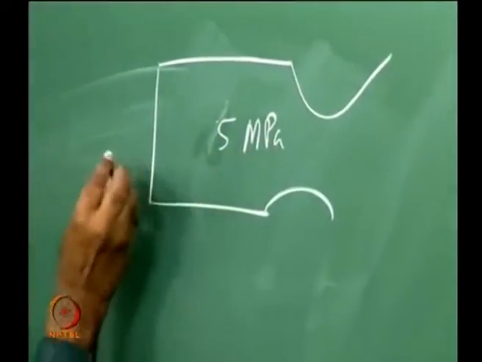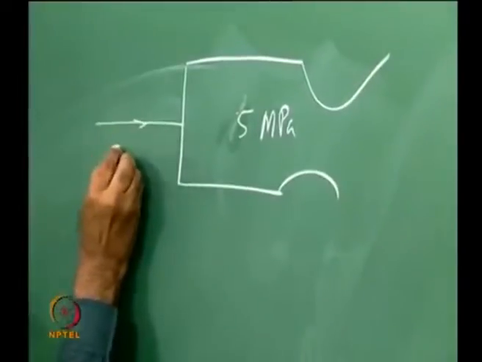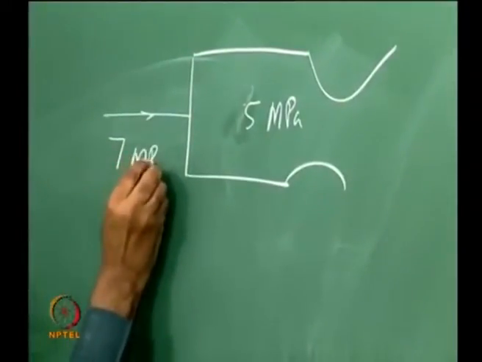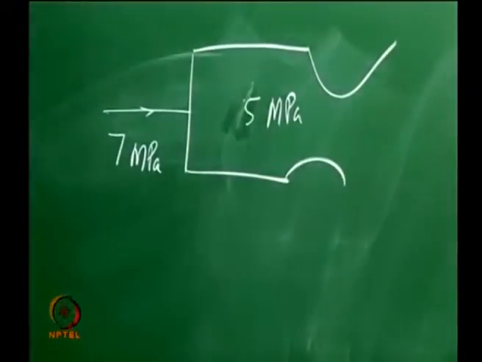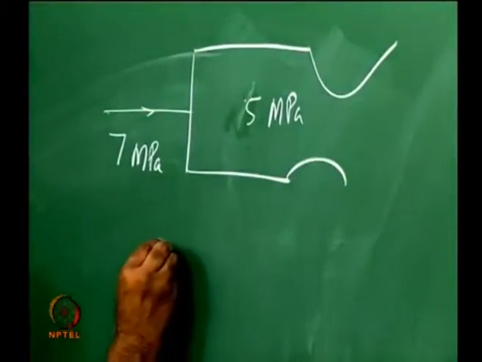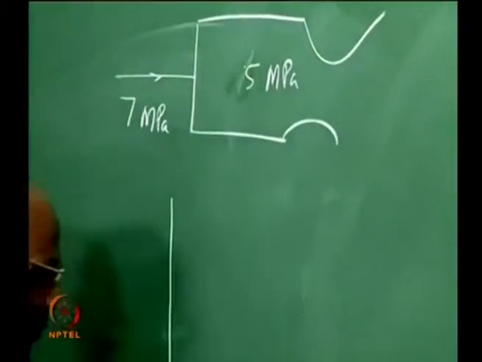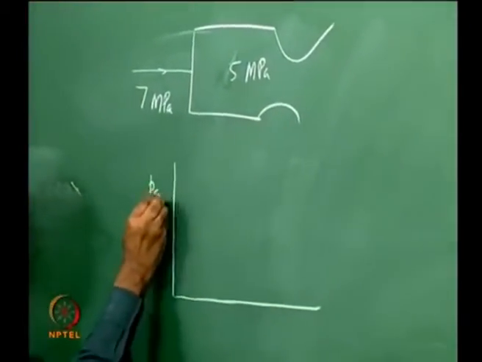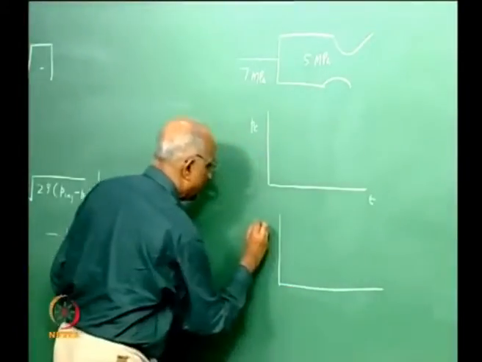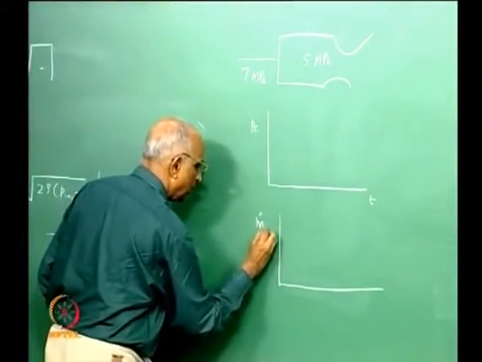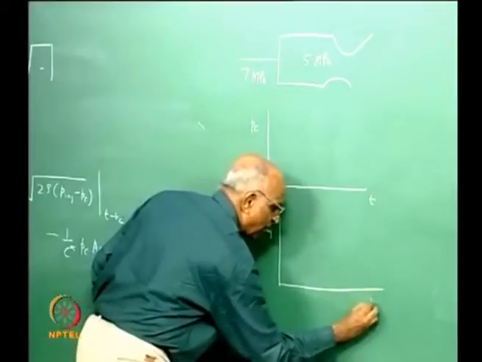Let me reduce the injection pressure to 7 MPa and ask myself what is going to happen in this case. Now I don't need to repeat much. All I want to do is make two plots, maybe the chamber pressure as a function of time, and the mass which is getting injected as a function of time.